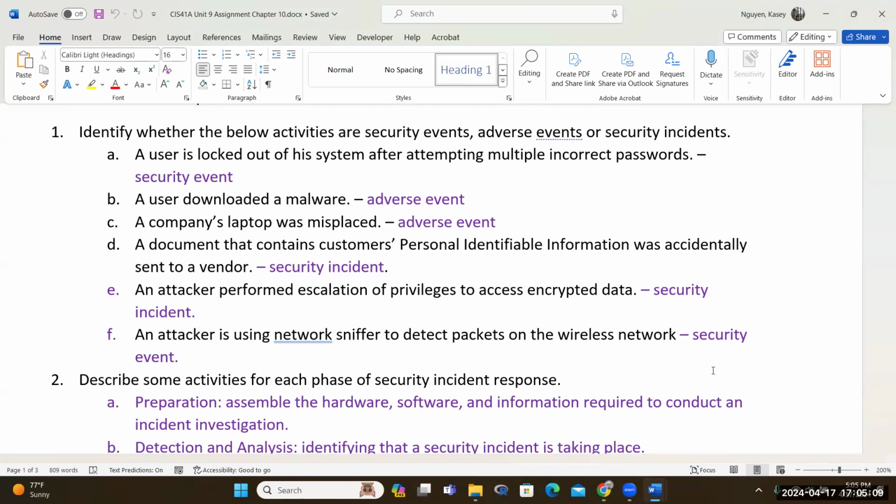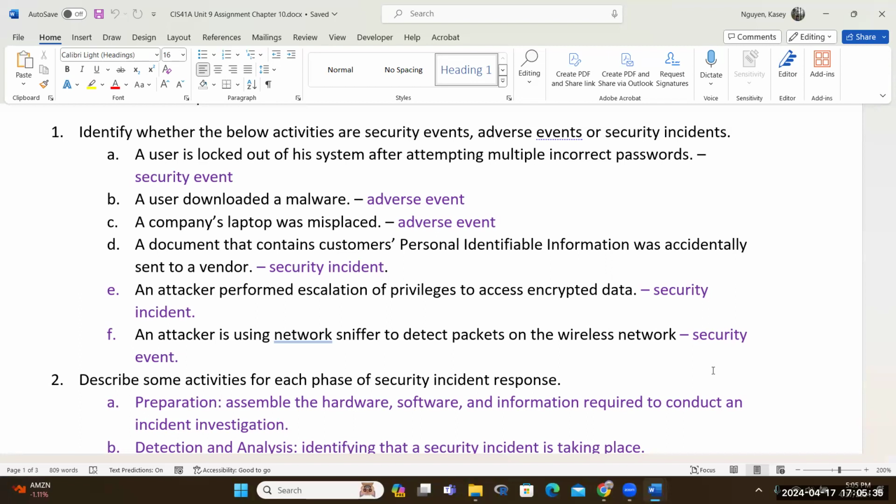For D, a document containing customer personal identifiable information, the PII, was accidentally sent to the vendor. And this is a mistake, so it becomes a security incident. People send the wrong attachment or type in the wrong email sometimes. An attacker performed escalation of privilege to access encrypted data.